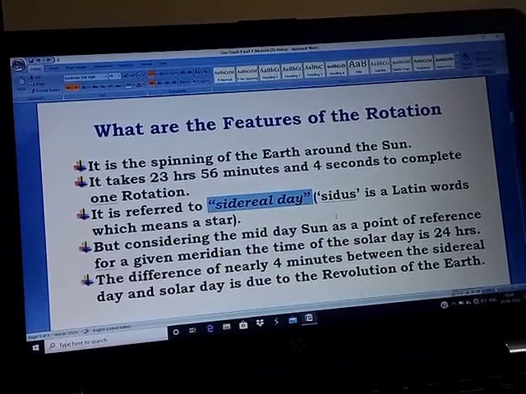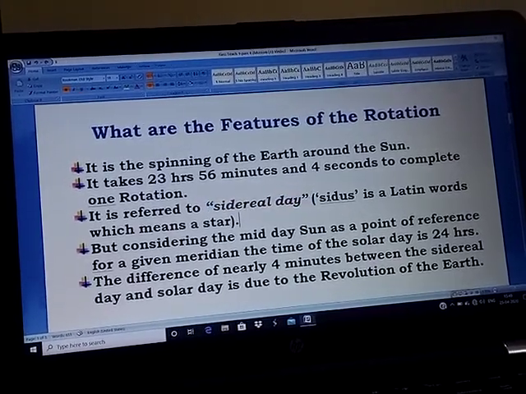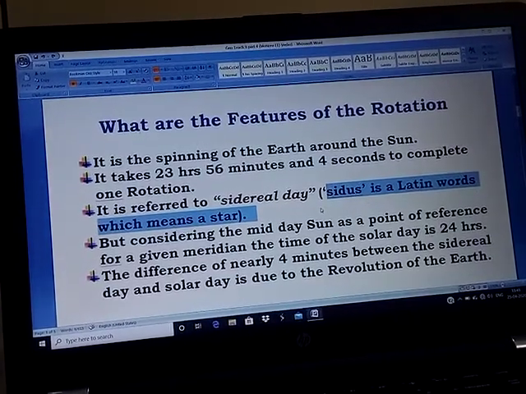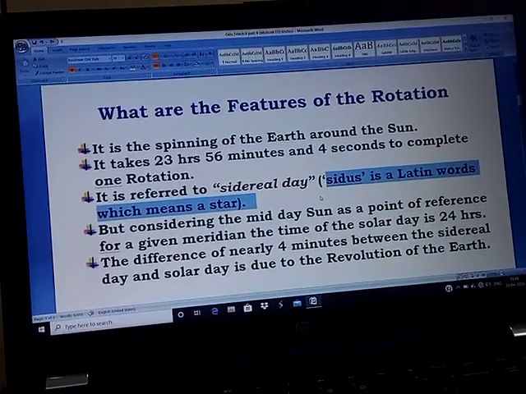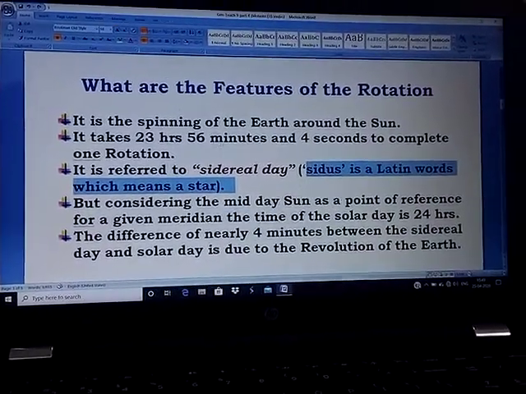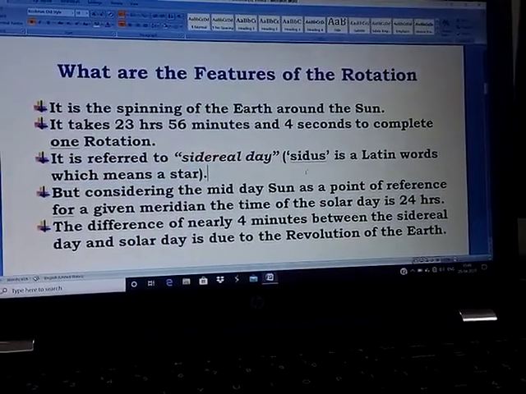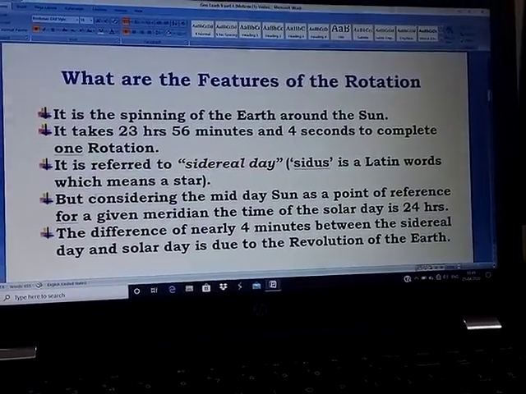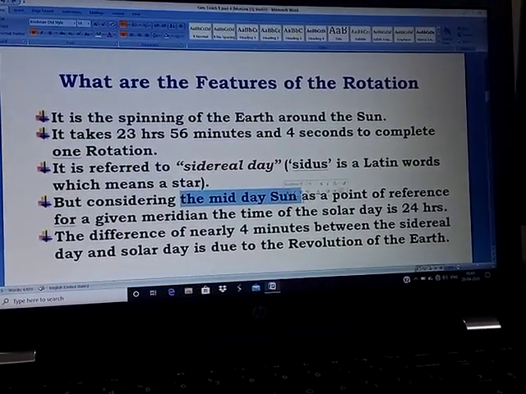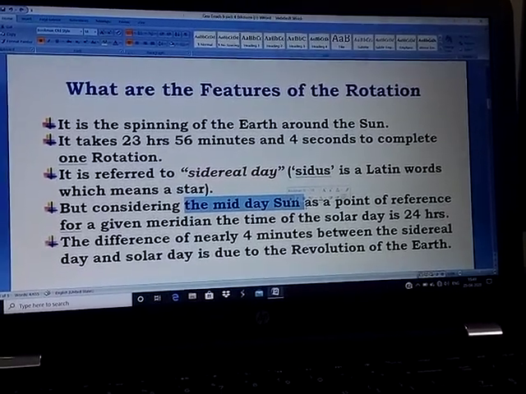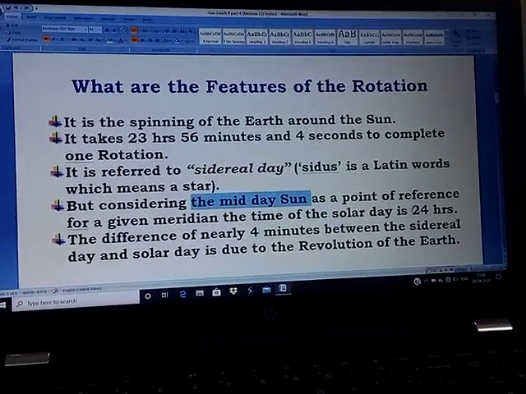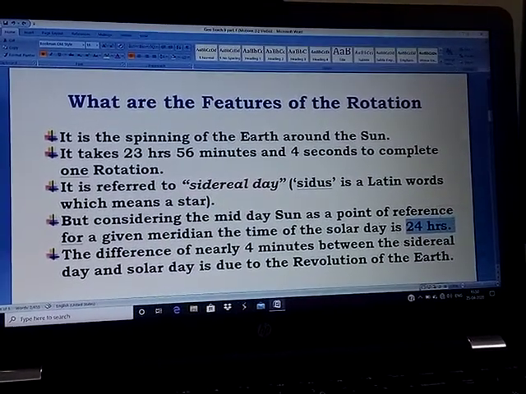It is derived from the Latin word sidus. Sidus, the Latin word, means a star. So this is the star that is going round, and to make one complete rotation it takes 23 hours 56 minutes and 4 seconds. However, if we consider the midday sun, then of course we are back to our normal understanding that the earth takes 24 hours to make one complete rotation.